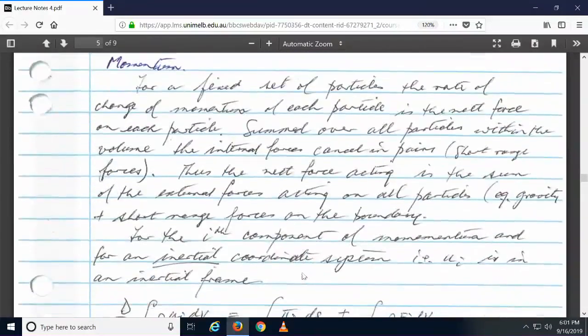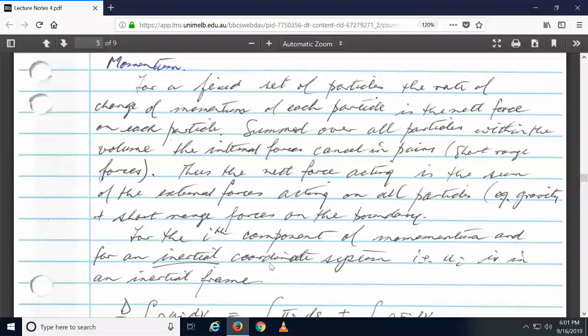So now I'm going to do momentum. This is going to be terribly important to us. We have to know something about momentum. So let's talk firstly about a fixed set of particles. Then all of you will know that for a fixed set of particles, the rate of change of momentum of each particle is the net force on each particle, right?